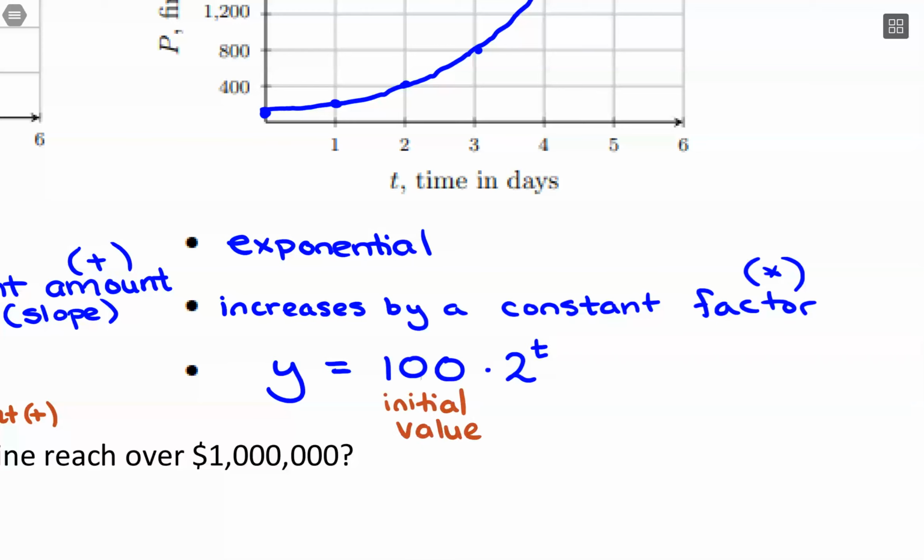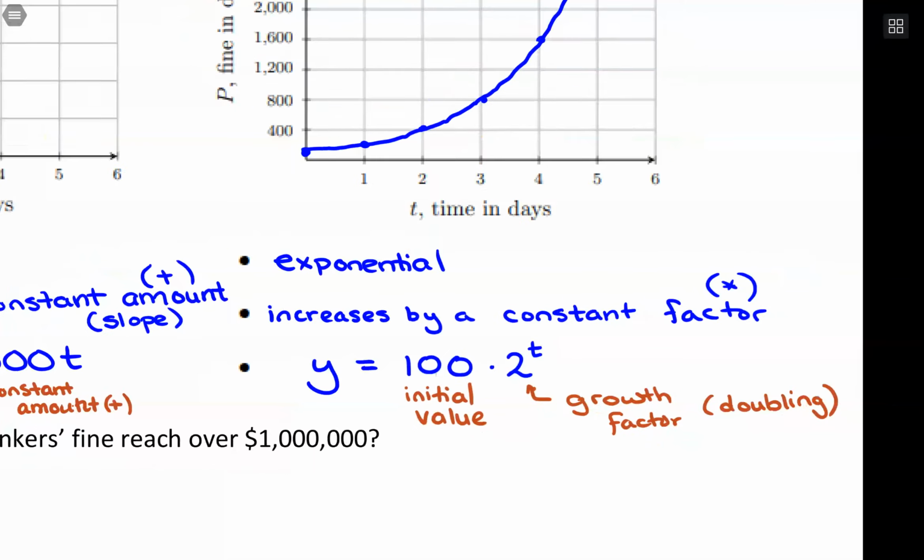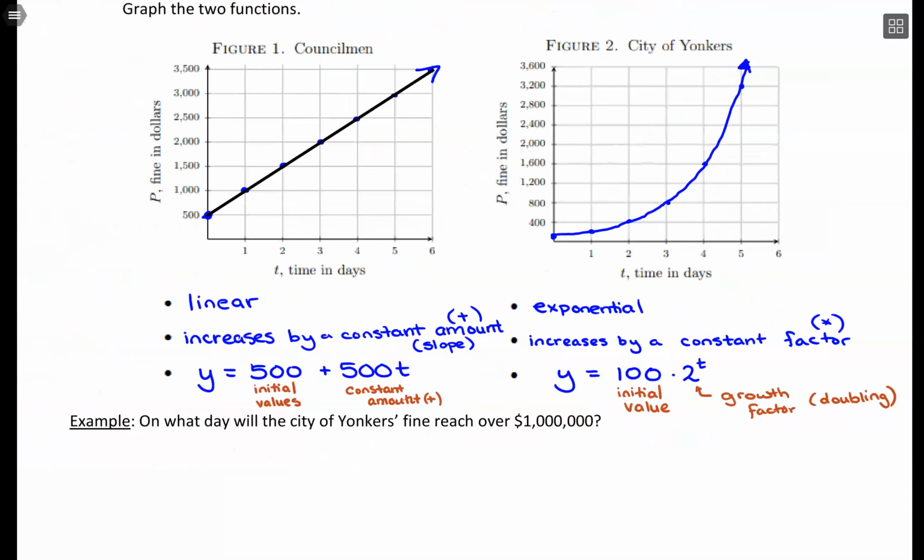And then that value of 2 that's the base of the variable exponent, that's going to be called our growth factor. We're seeing 2 there because of this idea of doubling, or multiplying by 2. All right, so there are some key characteristics of our exponential function, comparing that to our linear function.